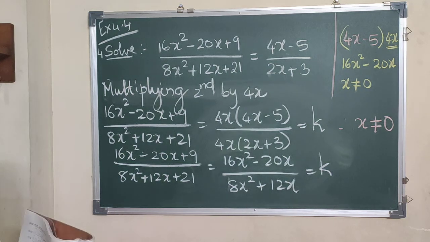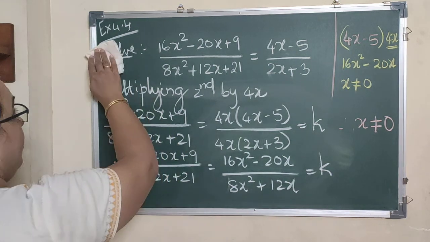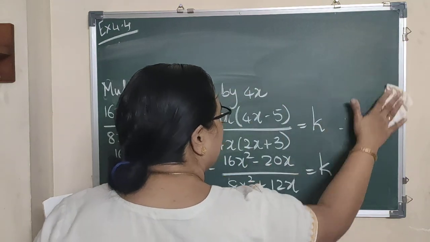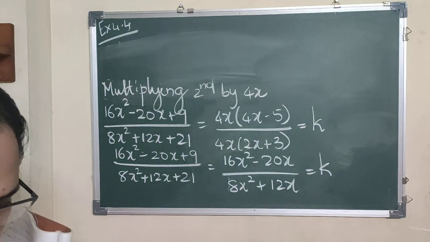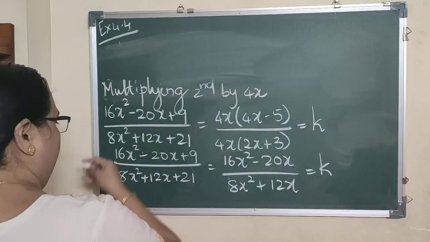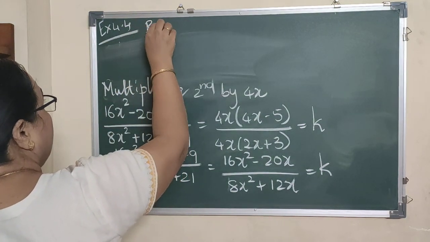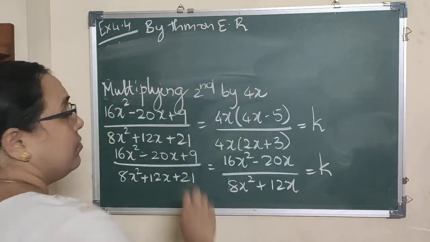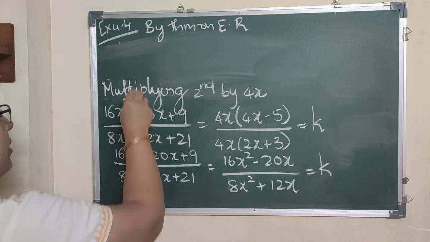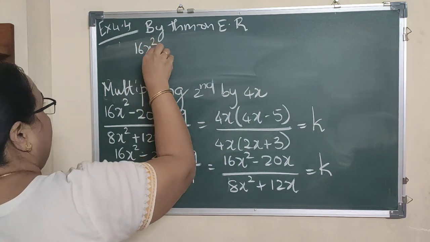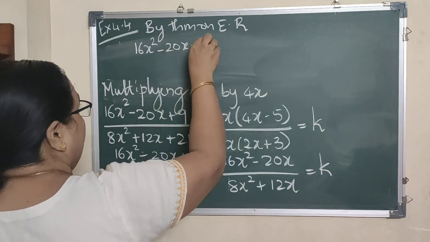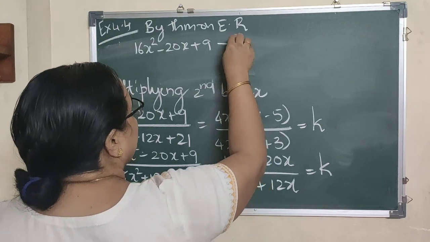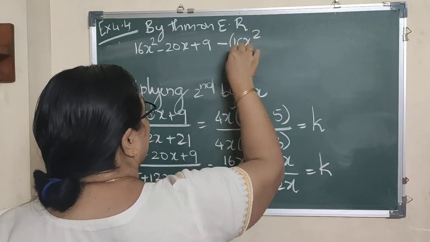Now by theorem on equal ratio, here comes the actual thing which will help us to solve it further. By theorem on equal ratio, we have the whole term in the numerator minus the whole term here.